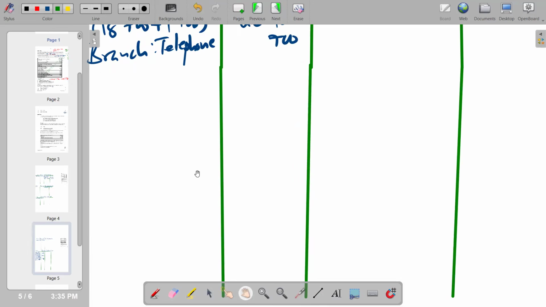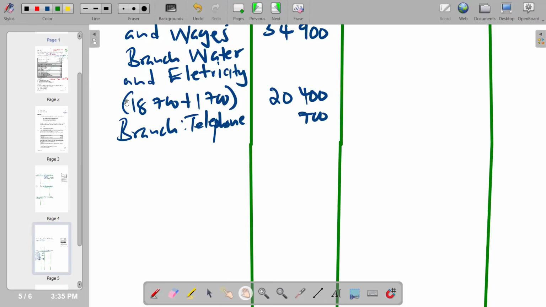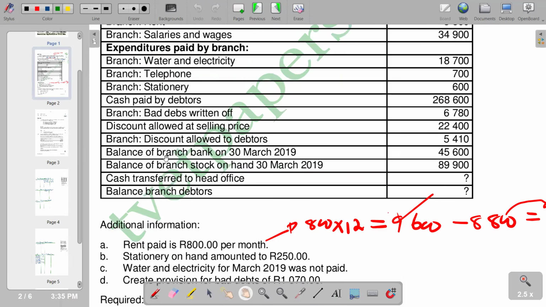So with that, after branch telephone, what next figure do we have? We've got branch stationery, which is 600. So what does it mean? It means the stationery that was bought during the period was 600. But the expense part of the stationery is the stationery that was used. So how do we get stationery that was used? We are supposed to say what was bought minus what is remaining at the end of the period.